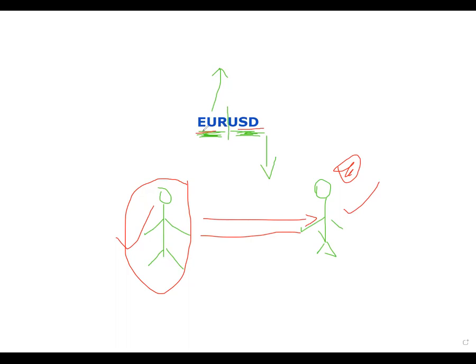So the base currency is always trying to go up, and the quote currency is also trying to go down. So if the base currency ends up becoming stronger than the quote currency, then it means the base currency will pull, or rather push.